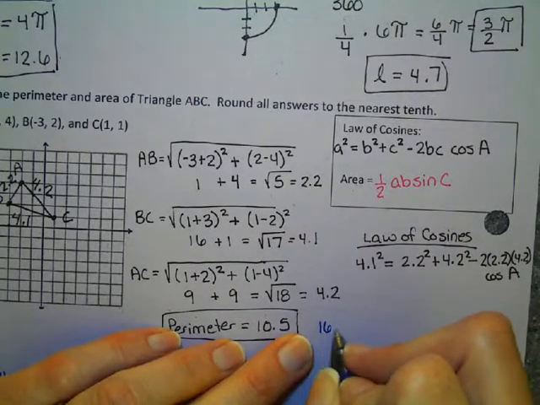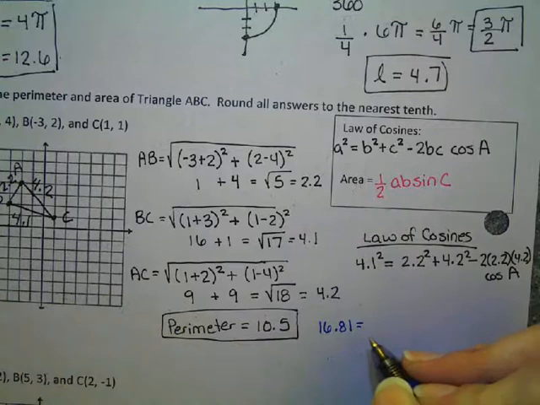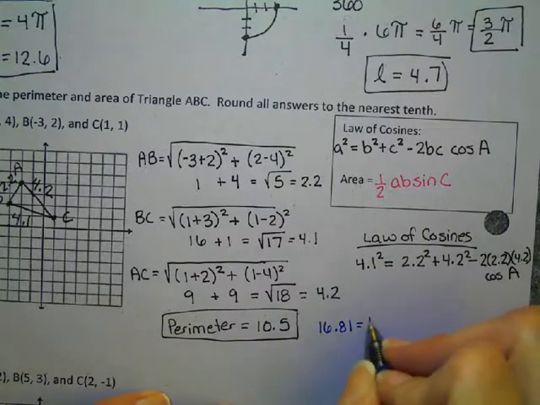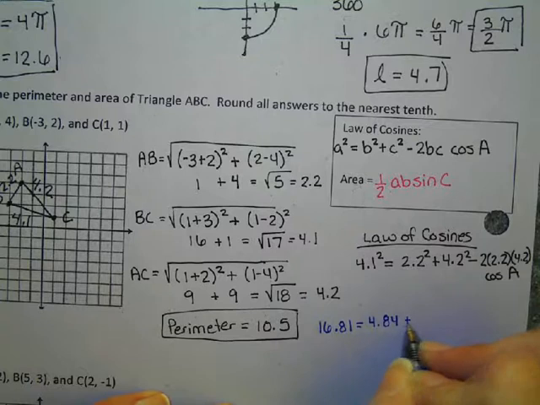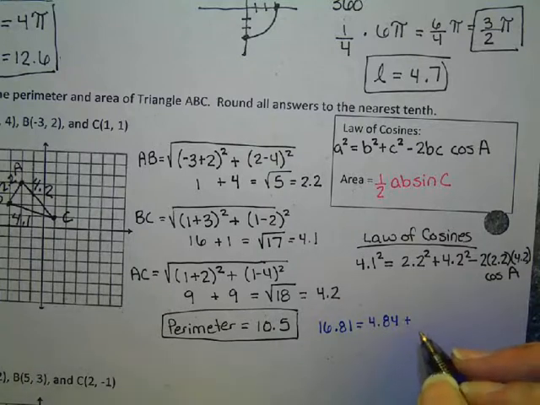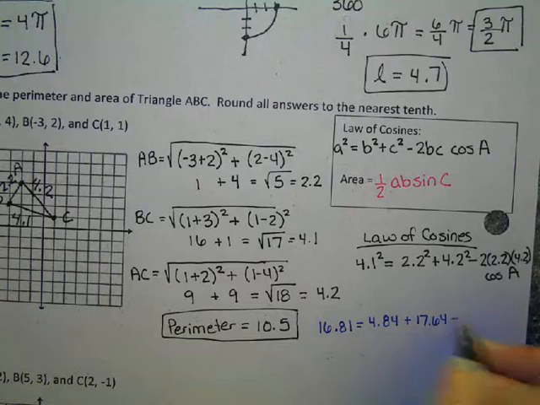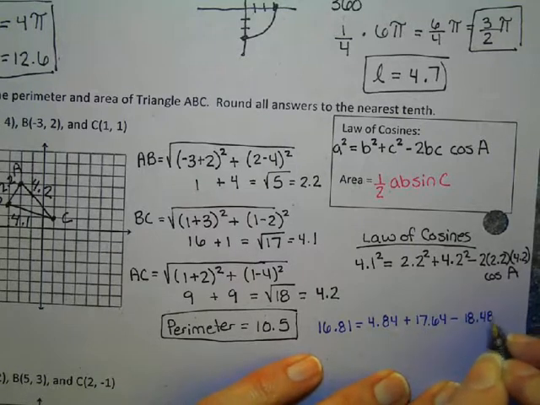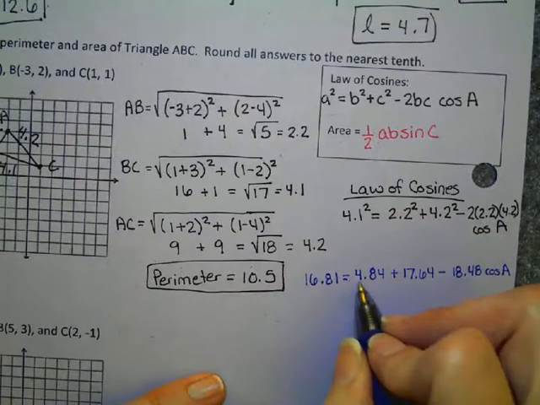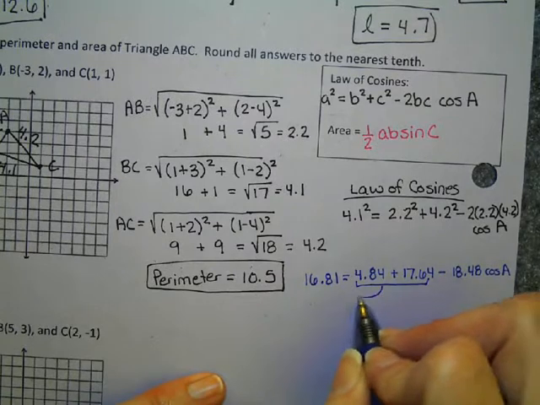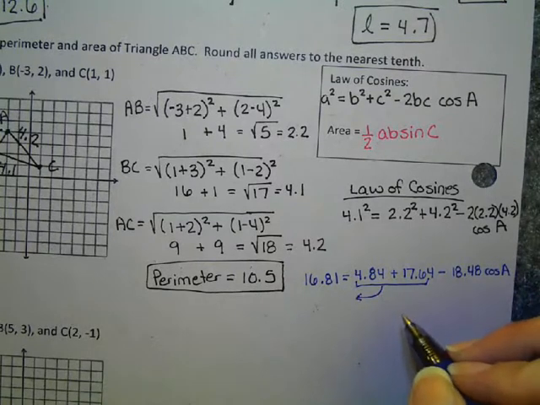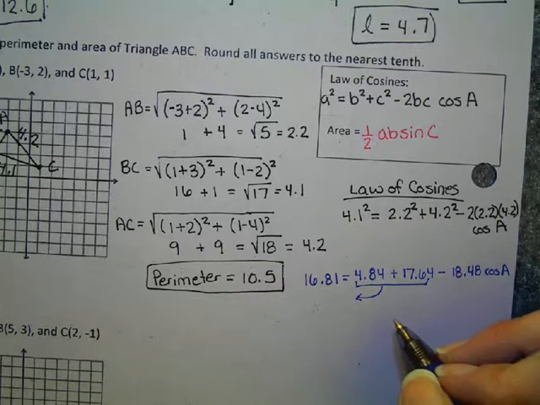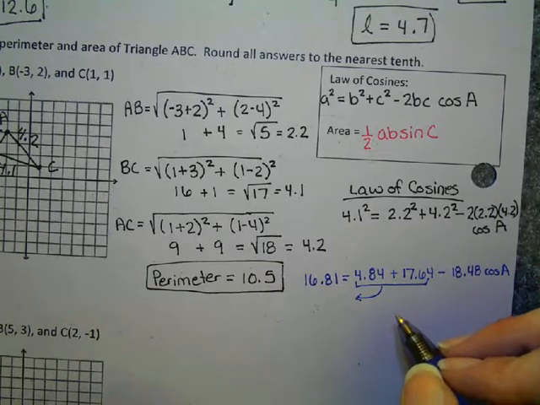Let me find a pen here. I'm going to write here 16.81. 2.2 squared is 4.84. 4.2 squared is 17.64, minus 2 times 2.2 times 4.2, which is 18.48 cosine A. Okay, now we're going to add these two things together, and then subtract it to the other side.